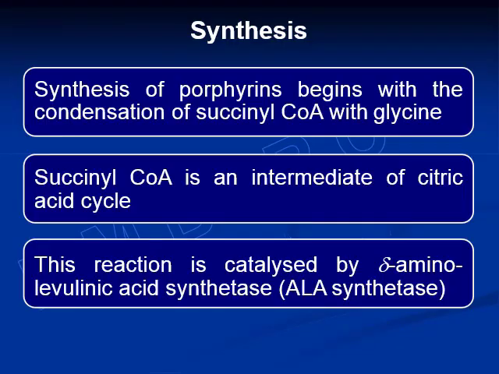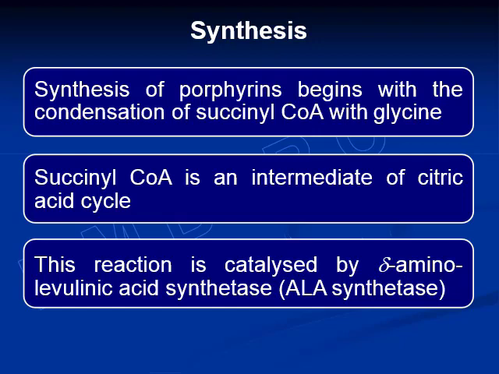Now, synthesis of porphyrins begins with the help of two things, glycine and succinyl coenzyme A. When succinyl CoA gets condensed with glycine, they will mainly synthesize porphyrin. For this, we know that succinyl CoA is an intermediate of the TCA cycle or citric acid cycle.